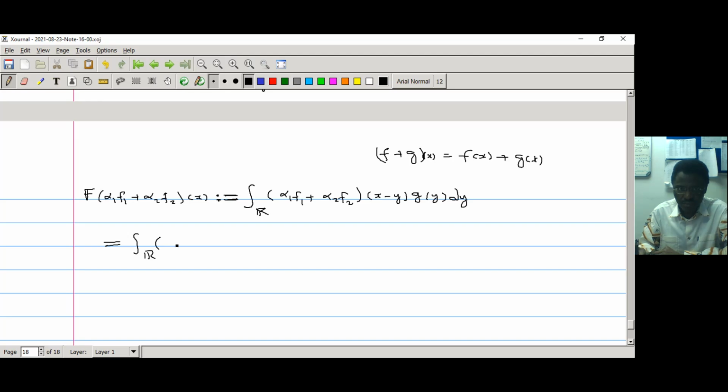And we know that alpha f of x is equal to alpha times f of x. So these are properties that are true. We know that the set of functions, I don't know how to write the set of functions, I will not use capital F like this. I don't know how I will call it.